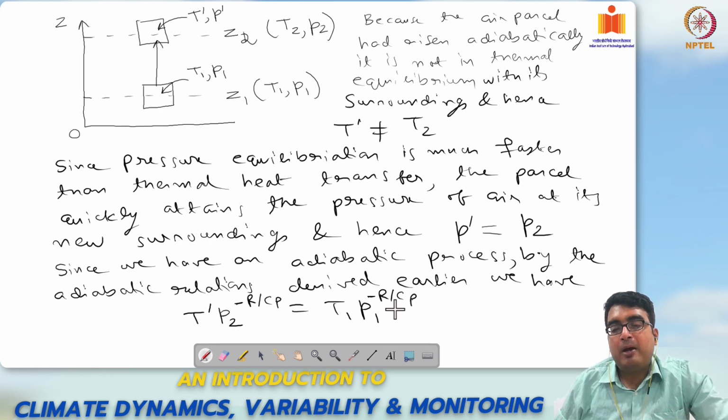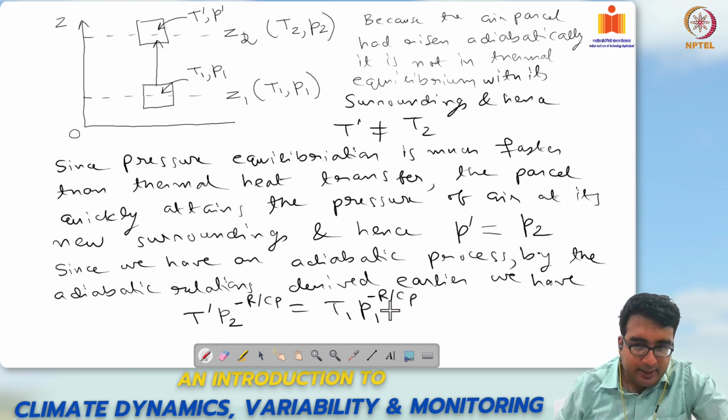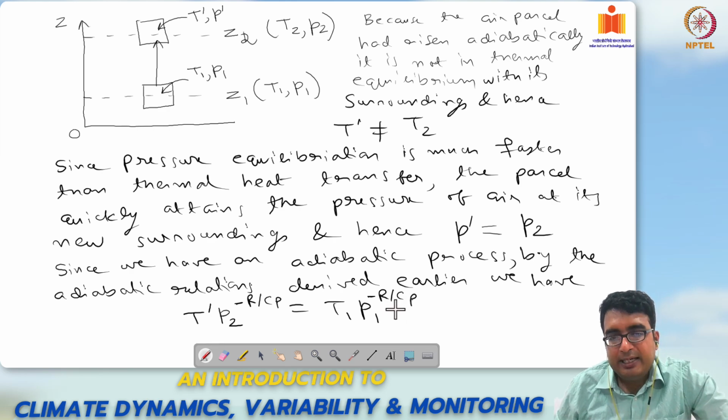See, T P to the power minus R by Cp is a constant in an adiabatic process. T prime and P2 are the final temperature and pressure of the parcel at Z2, so these are put here, and T1 and P1 are the initial temperature and pressure of the parcel at Z1. So this is put here, and so this relation must hold.